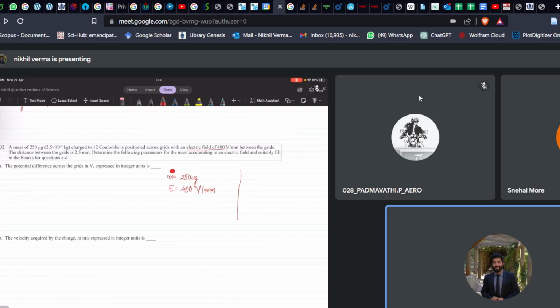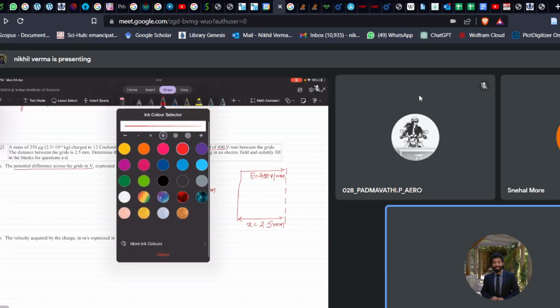So we have two charged plates, and the electric field strength E between these plates is 400 volts per mm. The charged mass is 250 micrograms, and the distance between the grid plates is given as 2.5 mm. We have to find the potential difference across this plate.